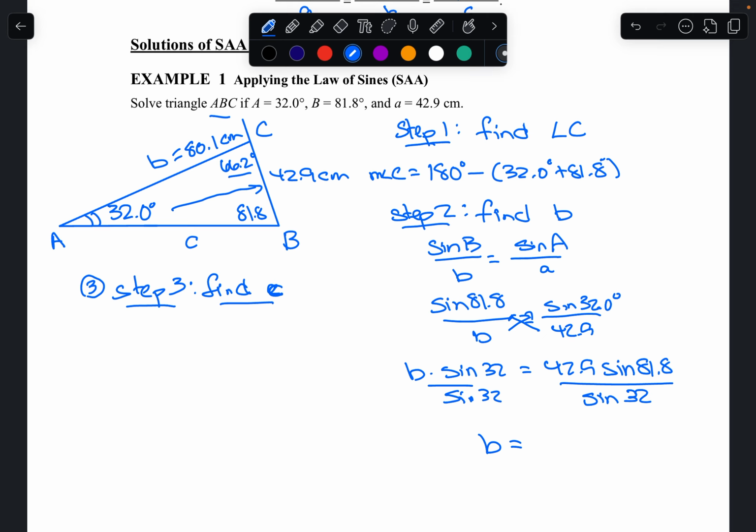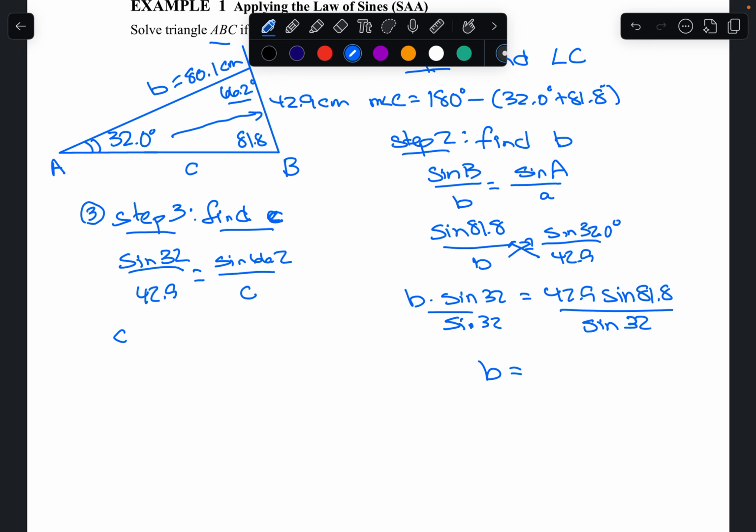So again, we're going to set up the law of sines. So it's the sine of 32 over that 42.9. In this case, it's the sine of 66.2 over unknown side C. Again, we'll cross multiply. That's C times the sine of 32 equals 42.9 times the sine of 66.2.